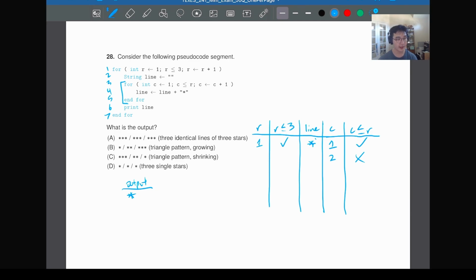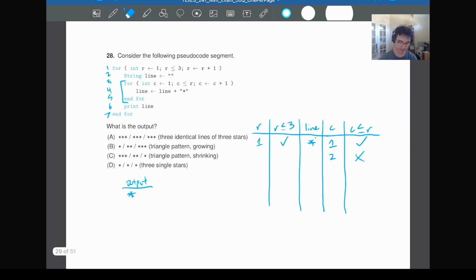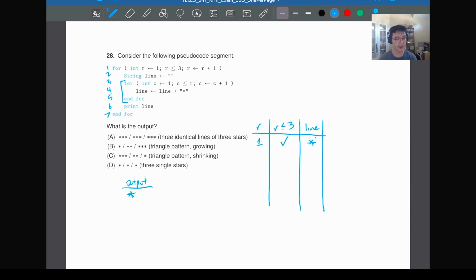Because I exited a for loop, I now erase this. I printed out line, I go to line 7, and now I loop back up, and R is now R plus 1, which is 2. Is 2 less than or equal to 3? That is true.